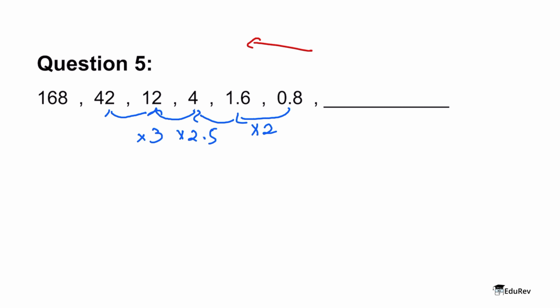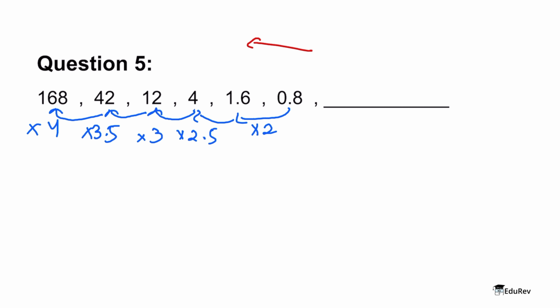From 12 to 42, it's a multiplication of 3.5. And then from 42 to 168, it is a multiplication of 4. So as you can clearly see, the pattern is being formed here: from 0.8 we multiply by 2, then we get 1.6. So again, the multiplier is increasing in 0.5 progressions.